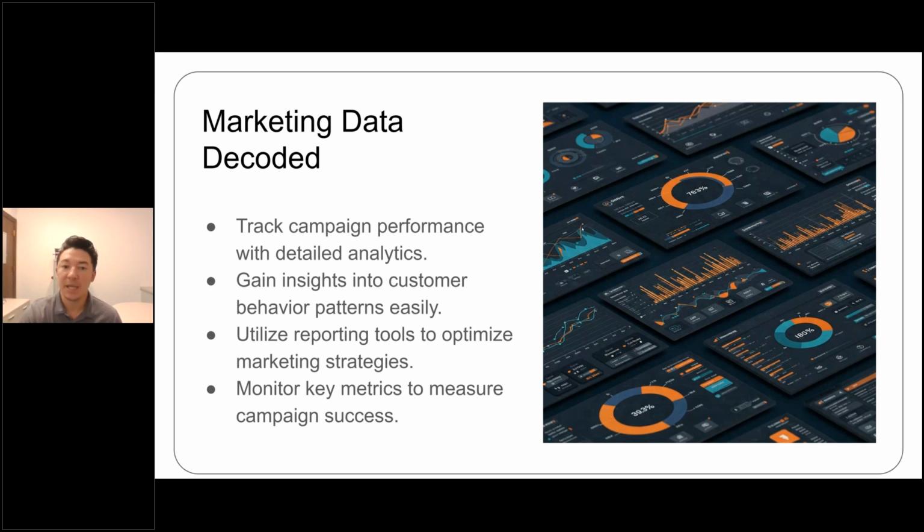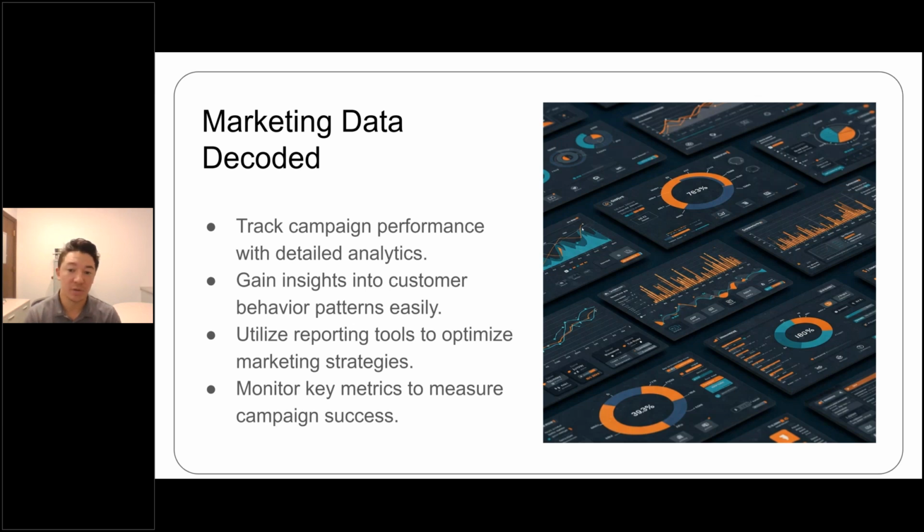So based on your data analysis, you can implement strategies to optimize your campaigns, such as refining your targeting, adjusting your segmentation to ensure you're reaching the right people. You can improve the messaging, so you can tweak your subject lines, your content, and your CTAs to improve engagement.